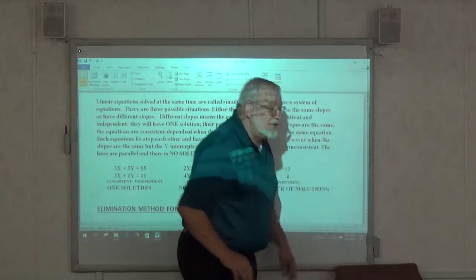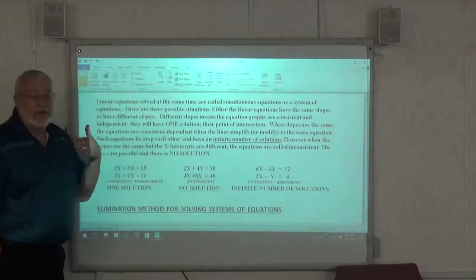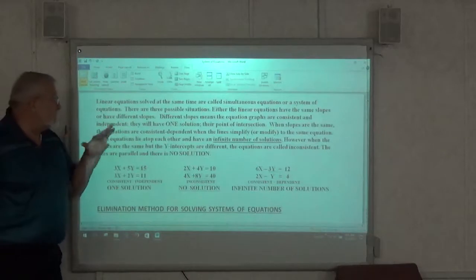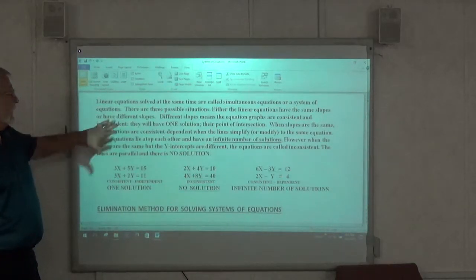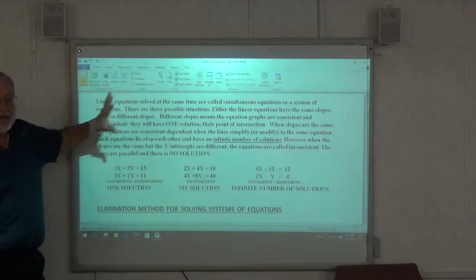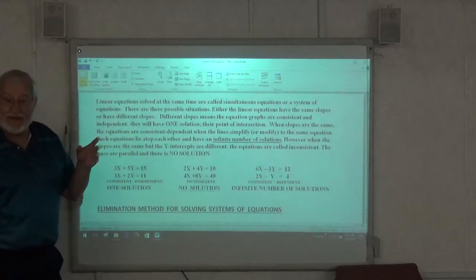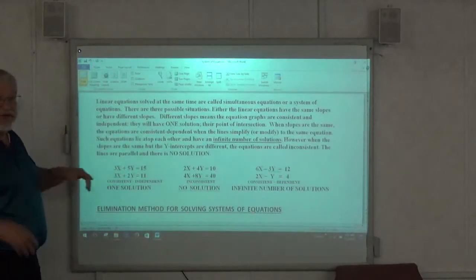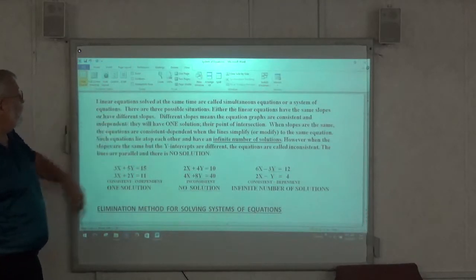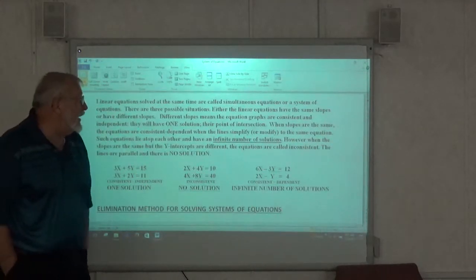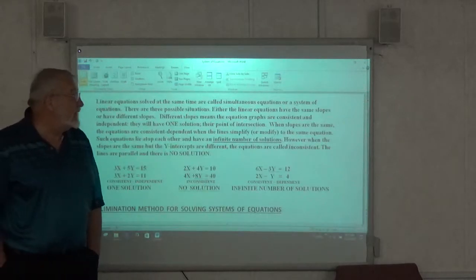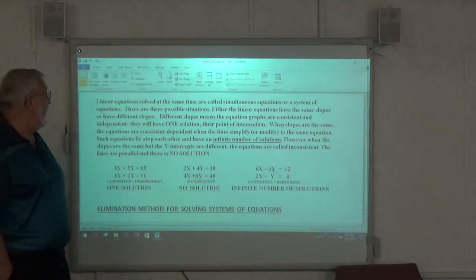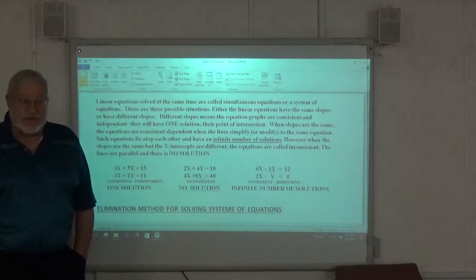Now, this is something that I wrote several years ago for Algebra 1. You don't have to take notes on this because you know this, but I'm going to read it because this is the general place of where we're headed as we get into Chapter 4. It says, linear equations solved at the same time are called simultaneous equations or a system of equations.